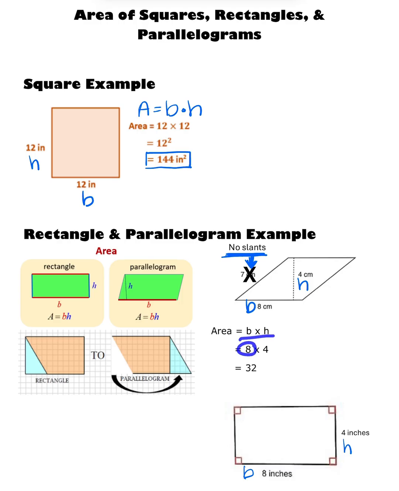They use the same base and height. That's just what happened in the picture. And they end up with the same answer. And again, if you're confused on why they're the same, just look, they took this triangle from the corner and they just moved it over to the other side to make a parallelogram. All right, and that is rectangle and parallelogram refresher along with squares.